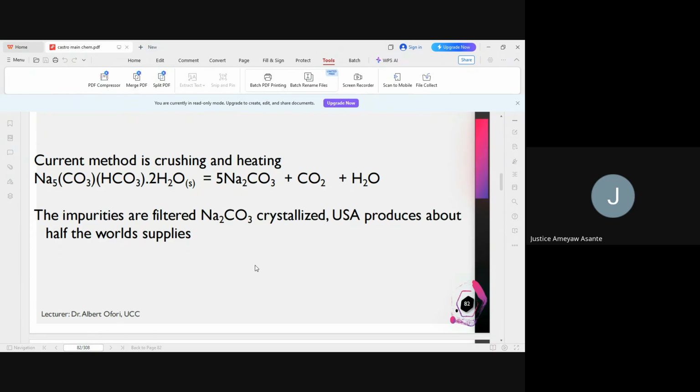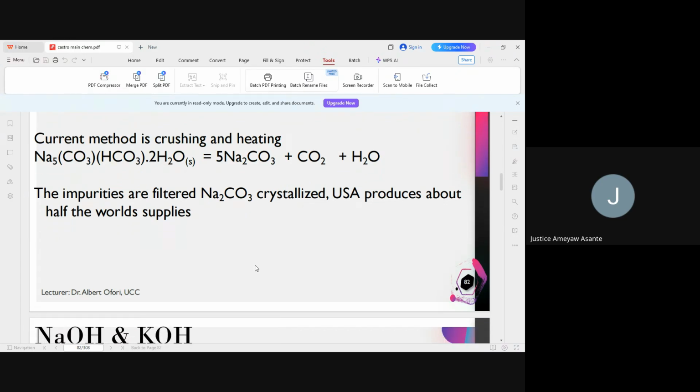So you go for the rocks that contain sodium carbonate, sodium hydrogen carbonate, and water. You heat it, and all the water will vaporize. Then carbon dioxide will also be generated. What will remain as solid will be sodium carbonate.